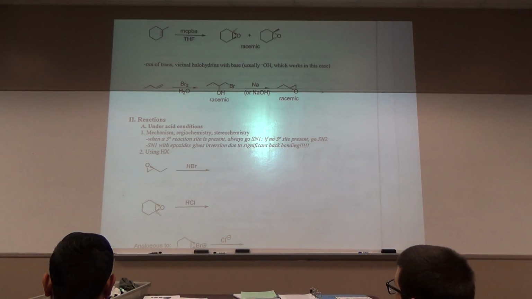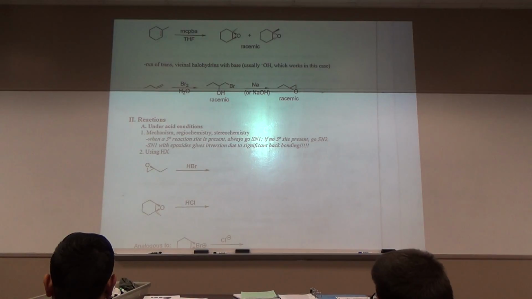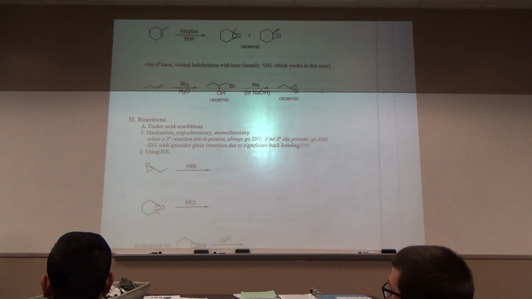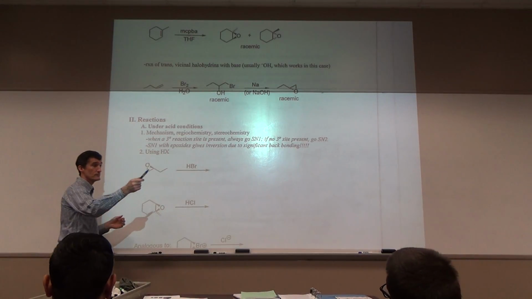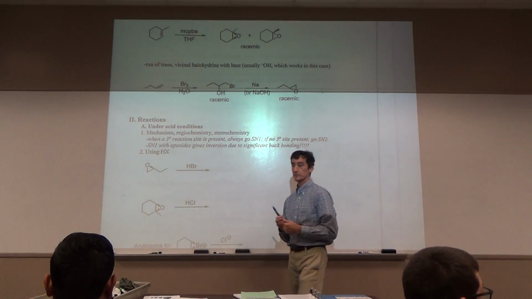We'll explain. Do you have the same rule where if you have a secondary that is resonance stabilized, would you still treat that as a tertiary? Sure, that applies to any carbocation chemistry. Will SN2 still give inversion? Yes, SN2 will still give inversion.